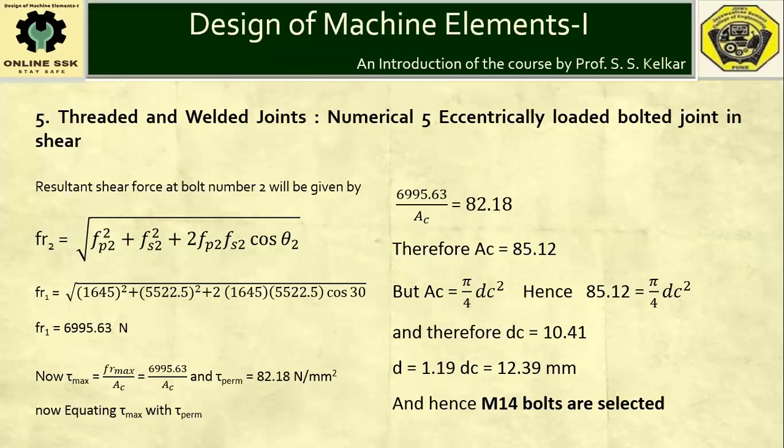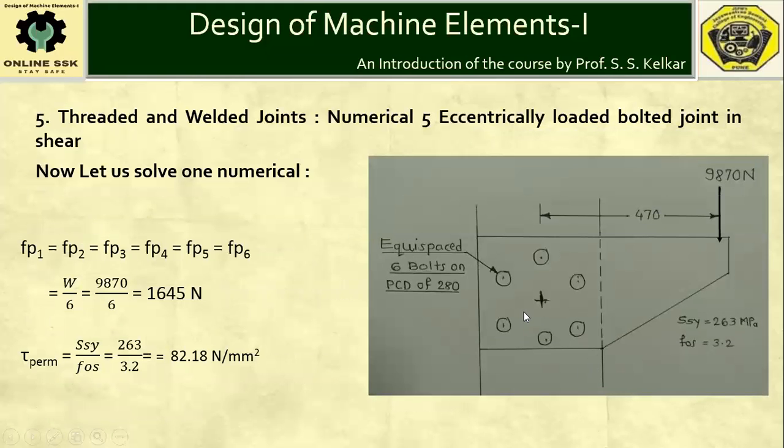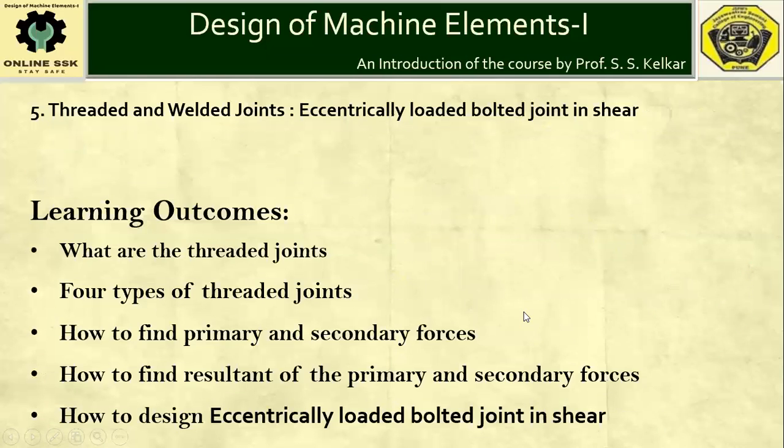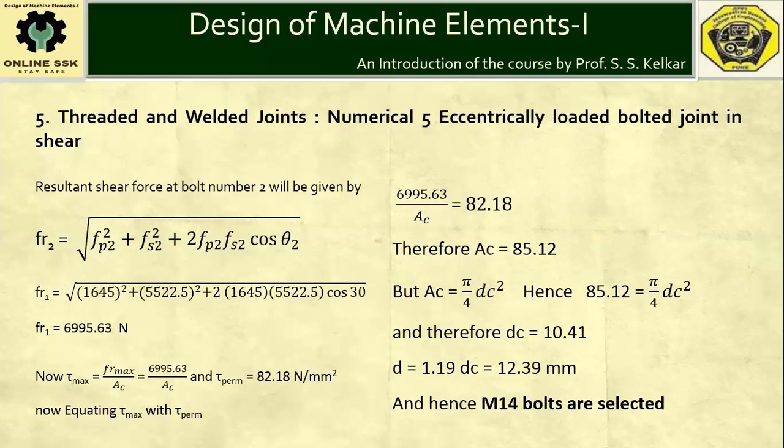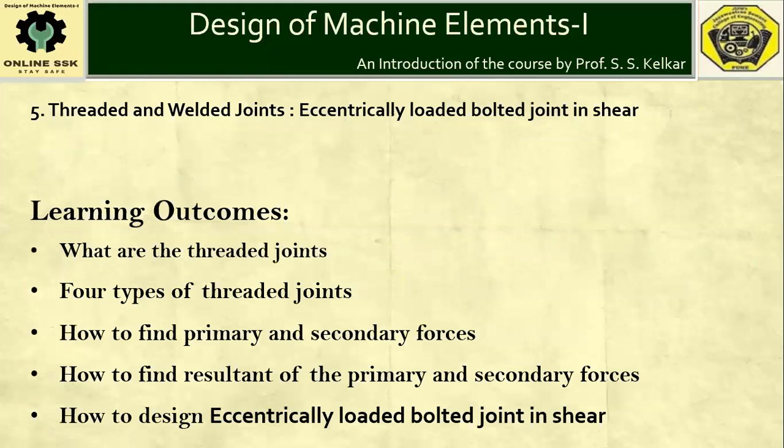Therefore, next standard value is selected, and considering that for this particular assembly, one has to select M14 bolts, standard metric bolts. Next to value of D equal to 12.39 is 14. Therefore, M14 bolts are selected for this particular assembly as specified in the problem statement.